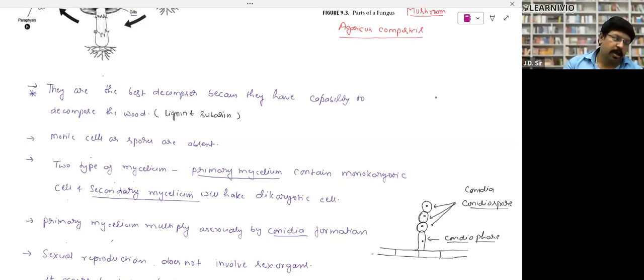Lignin and suberin can be decomposed by fungi only. Bracket close. Clear?